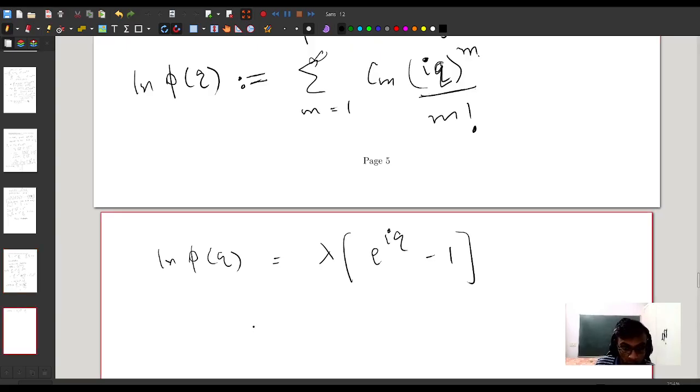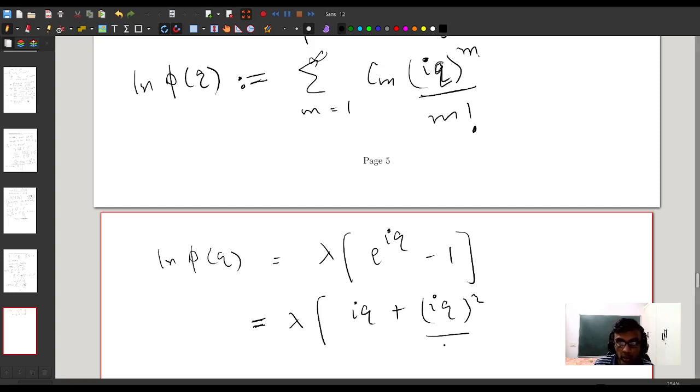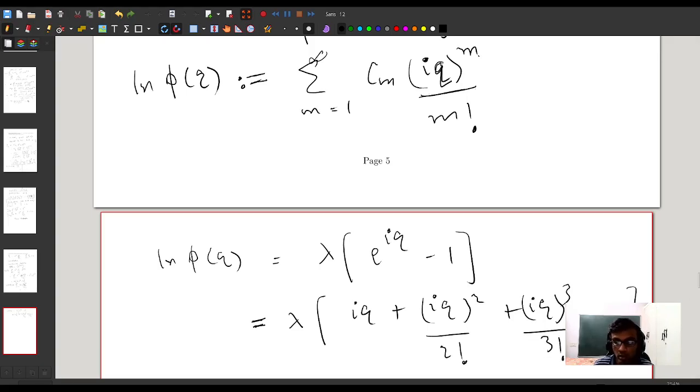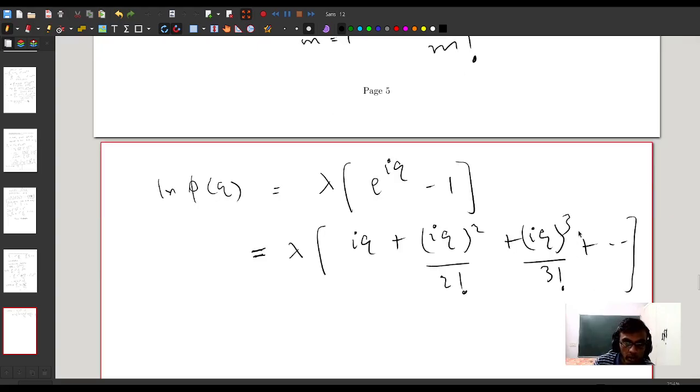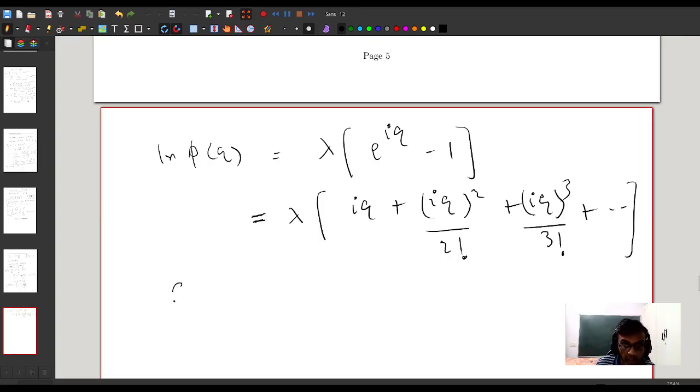Of course there would not be any constant term for any probability distribution, and this is going to be iq plus iq squared by 2 factorial plus iq whole cube divided by 3 factorial and so on. So the first cumulant, and indeed all the cumulants, are equal to lambda.